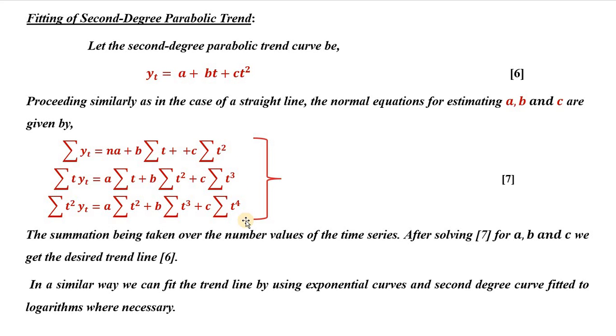So by solving these three normal equations, we get the values of a, b and c. The summations are taken over the number of values of the time series, and after solving these three equations for a, b and c we get the desired trend line. In a similar way we can fit the trend line by using exponential curve and second degree curve fitted to logarithms where necessary.